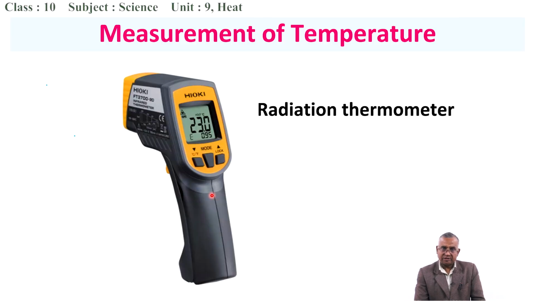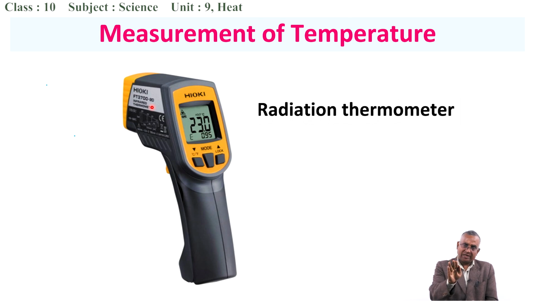Okay. Now next one is the radiation thermometer or infrared thermometer. You have seen that is the thermal gun about which the question was asked. Yes. So here is the infrared sensor. Infrared sensors are here. So on the basis of infrared radiation, this thermometer works. Yes. To measure the temperature, infrared is passed to the object or to the person's body, that may be on the person's forehead or on the person's wrist.